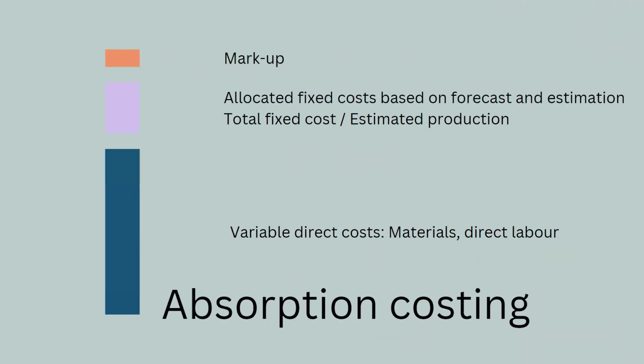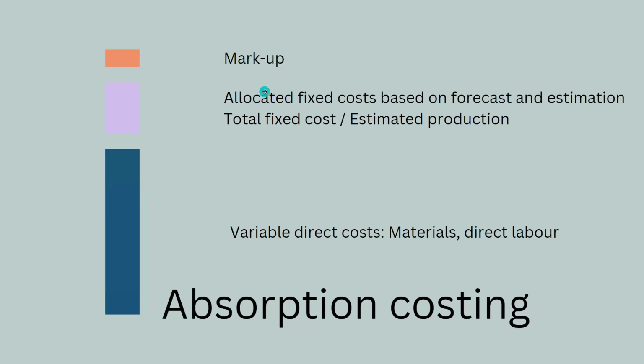With absorption costing, the organization tries to include the fixed cost by dividing it into each unit. So with absorption costing, the unit price includes three parts. The first part is the variable direct cost, the material and direct labor cost. This can be easily identified and allocated into each unit of production. The second part is the fixed cost.